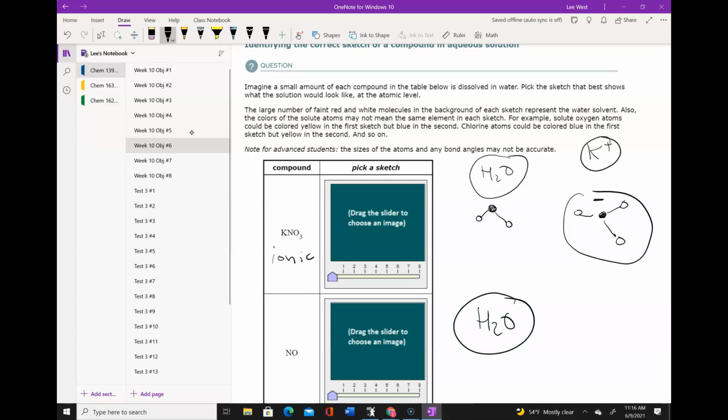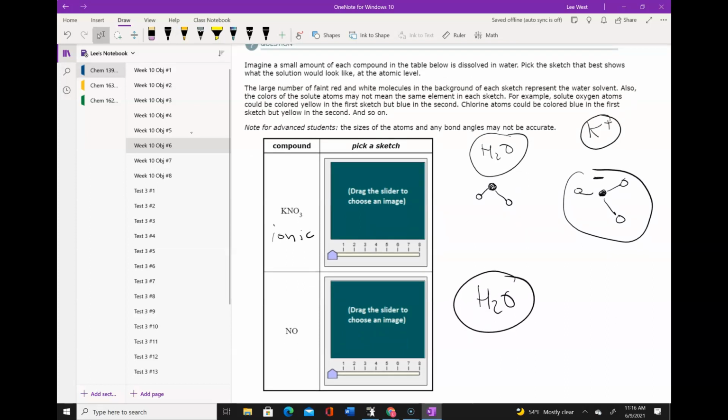So what we're looking for in this solution is that it contains 3 things. Mostly water molecules, they're the solvent, so lots of water molecules. And then a monatomic ion and a polyatomic ion in a 1-to-1 ratio. The polyatomic ion is going to look like this. It's going to have 1 central atom that's different and then 3 outer atoms that are the same.